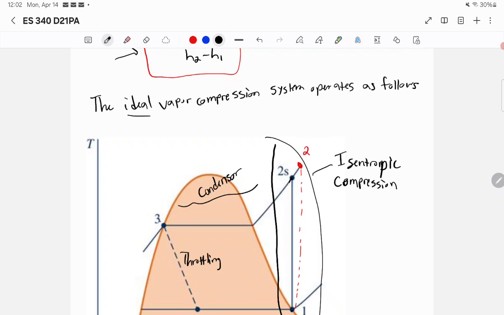In the real world, typically, we end up slightly off of 3. So somewhere down here. So this is generally what happens. I'll put a red dot instead.